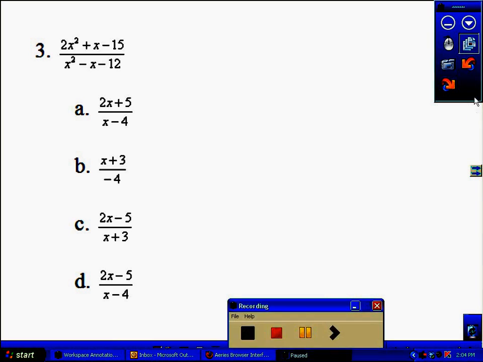Number 3, 2x squared plus x minus 15 over x squared minus x minus 12. How do we factor that top piece? Magic X on steroids. Yeah, so we have 2 times negative 15 is negative 30 on top. 1 on bottom. Two numbers that multiply to be negative 30 and add to be 1 are 6 and negative 5.